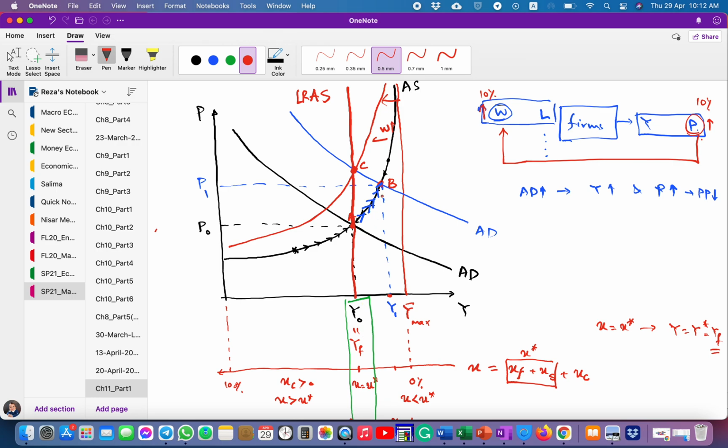And as the wages go up, this is shifting to the left, and our economy is not going to stay long at point B. So in the long run, we are going to be in here. Aggregate demand has increased, but the output remains as it is. But we will have a new price level, and it's going to stay stable there.